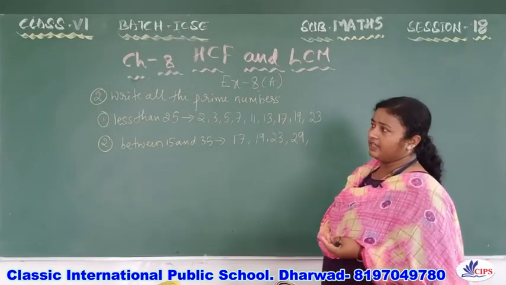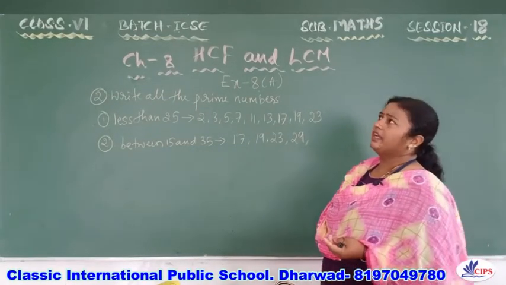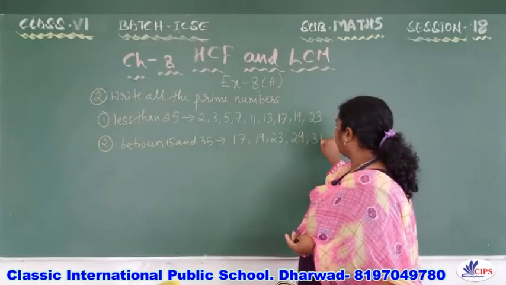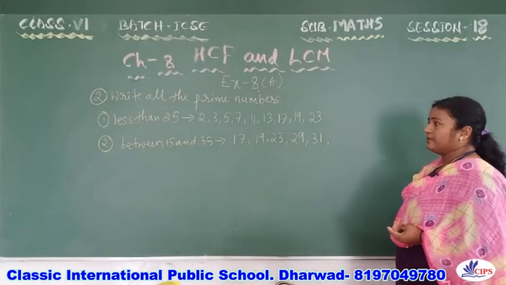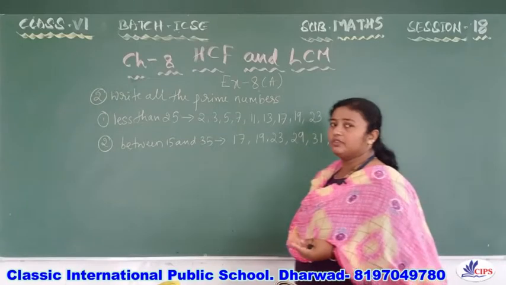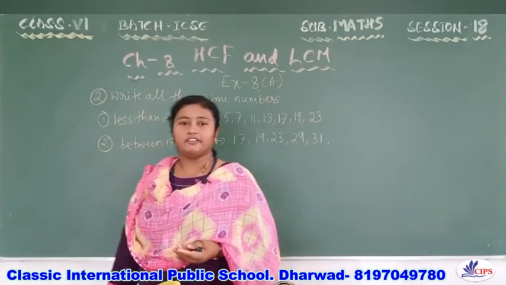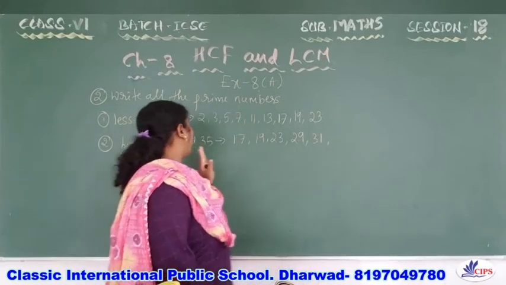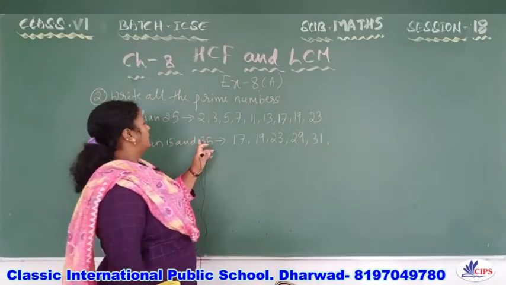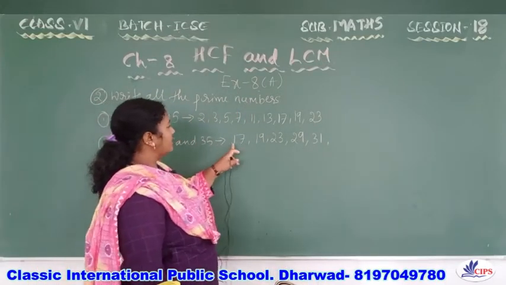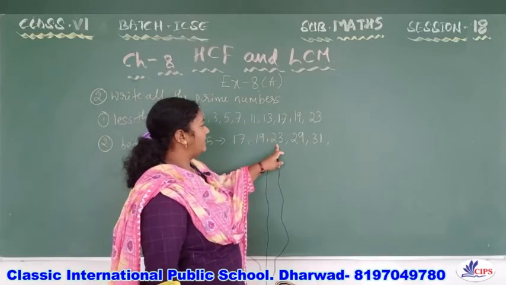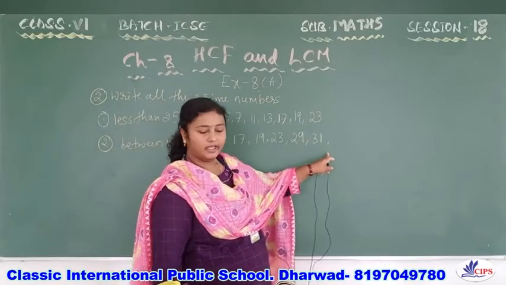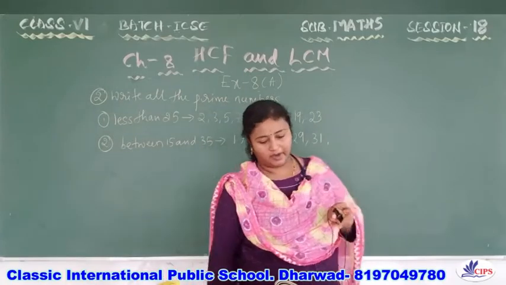Yes, 31 cannot be divided by any number, so 31 is the next prime number. After 31, 32, 33, 34, 35 all have more than 2 factors. So the prime numbers between 15 and 35 are 17, 19, 23, 29 and 31.